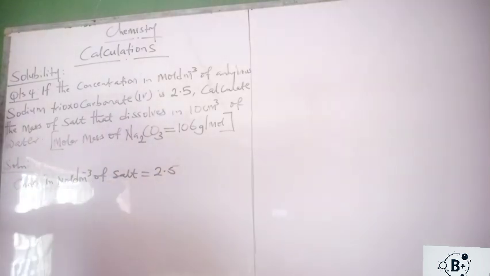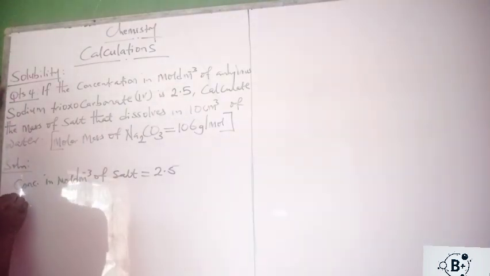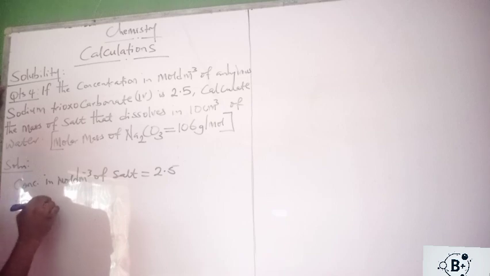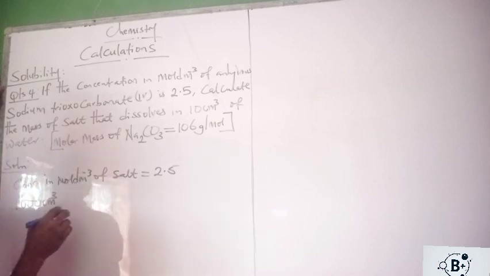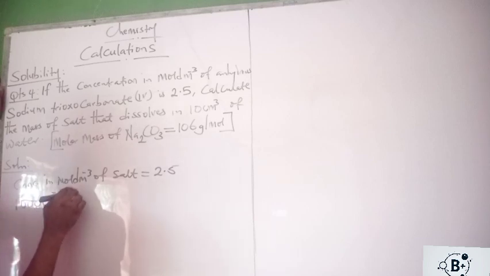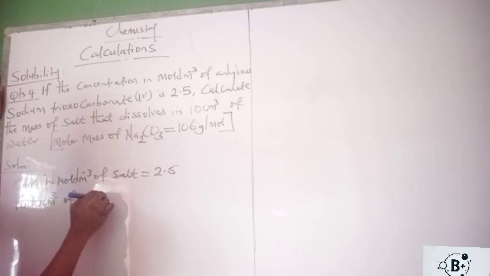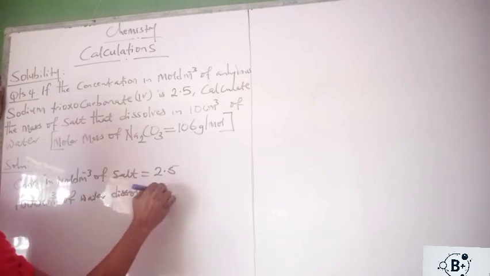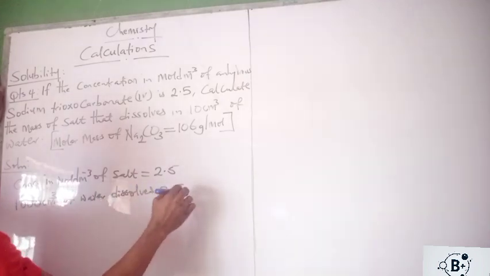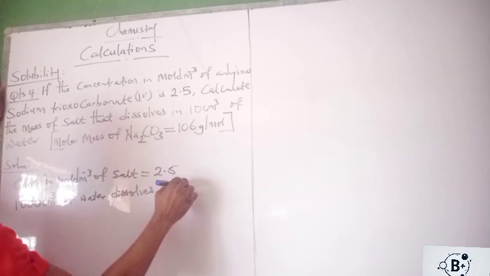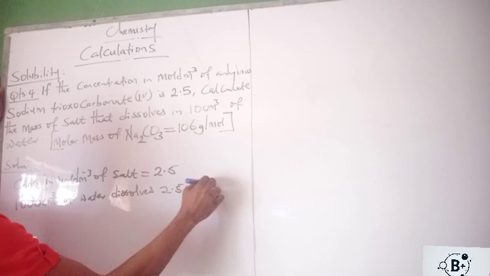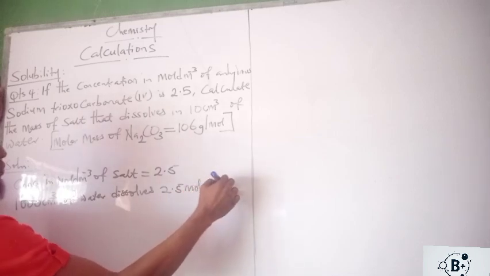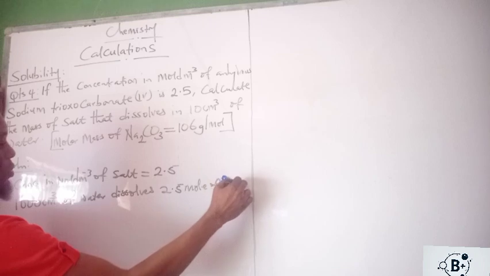Now that means, and this is another way of solving it, 1000 cm cube of water dissolves 2.5 mole of the salt.